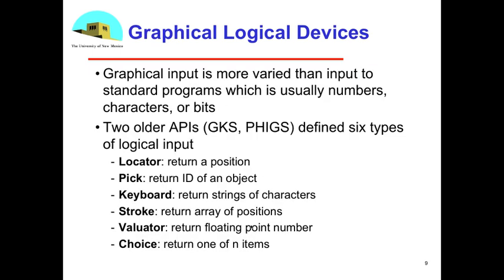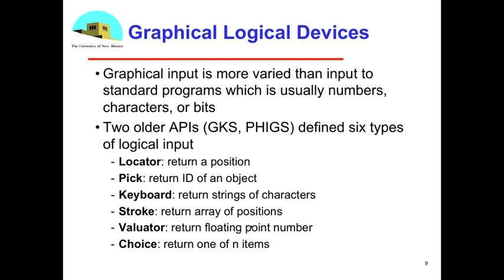Now, what changes when you get to graphics is that input can occur in a lot of forms. If you're used to just writing Java or C or C++ programs, then generally, if you're interacting with it, you're putting in characters which can represent numbers or strings, or perhaps you're getting input from files, and so you have bit-oriented stuff. But it's very, very limited.